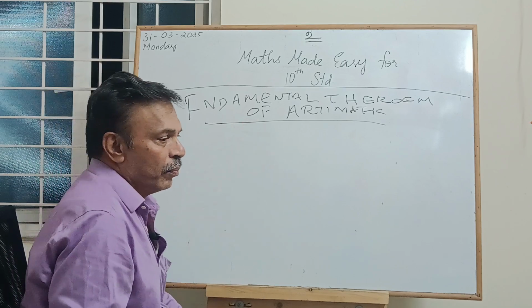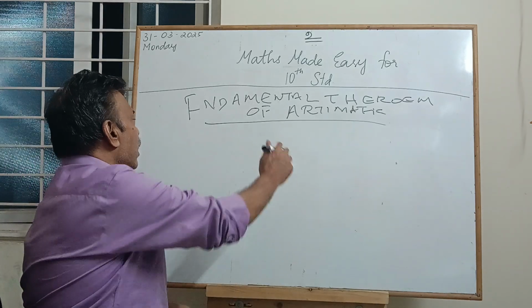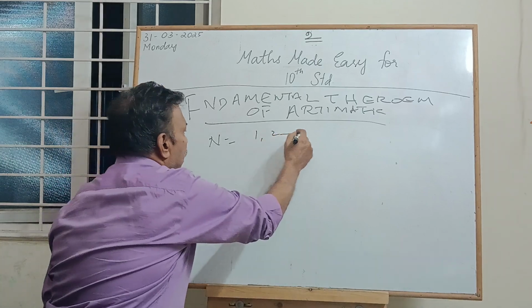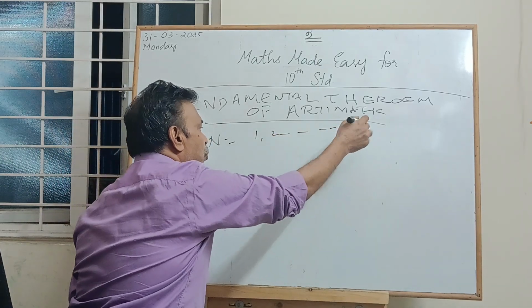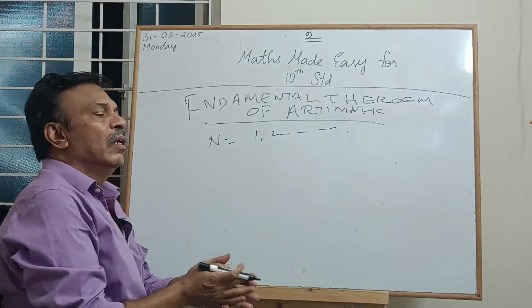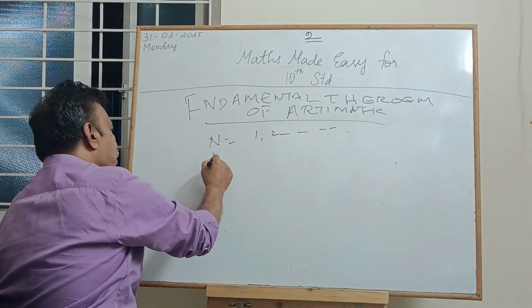Actually, there are different kinds of numbers, like natural numbers: 1, 2, 3, like this. It goes up to 1000, 2000, like that. Then there are prime numbers.